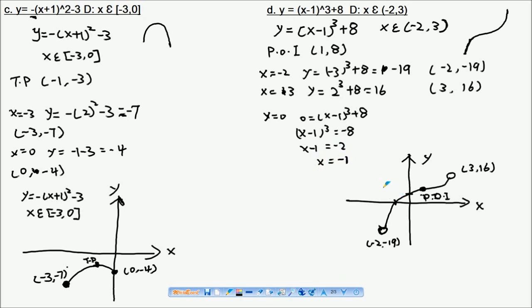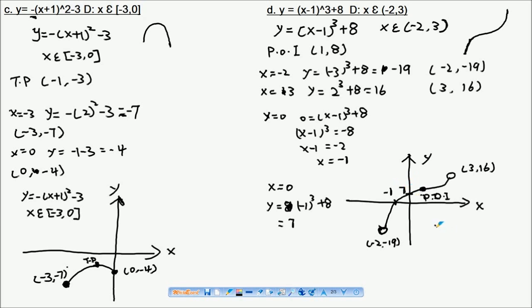So the x-intercept is minus 1. And we assume x equals 0 for the y-intercept, which is (minus 1) cubed plus 8, which is 7. Okay, so this point here is 7.